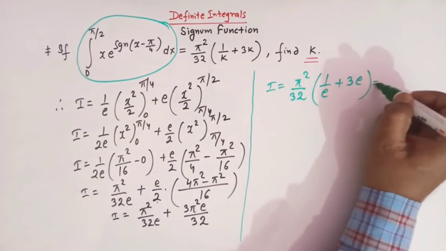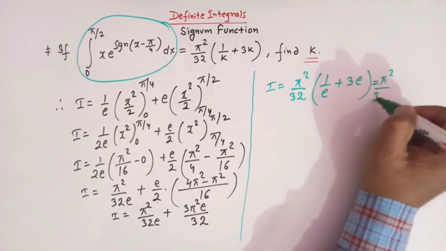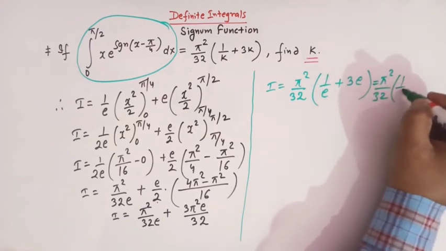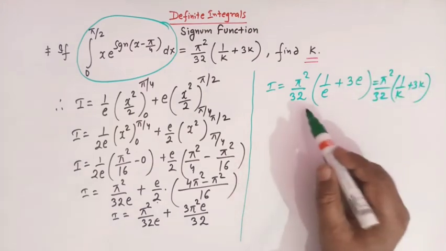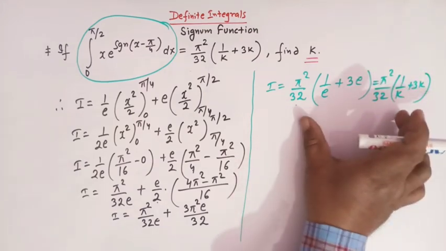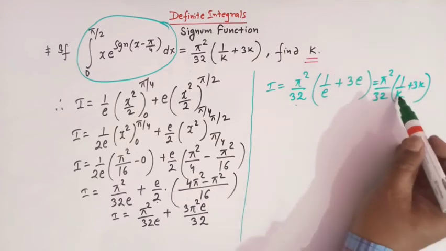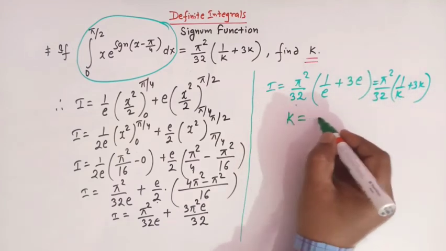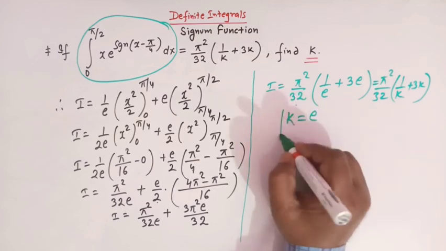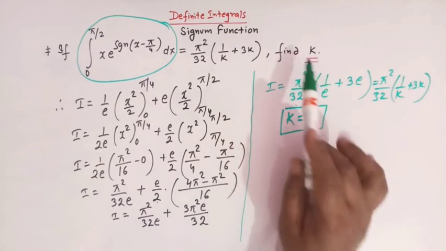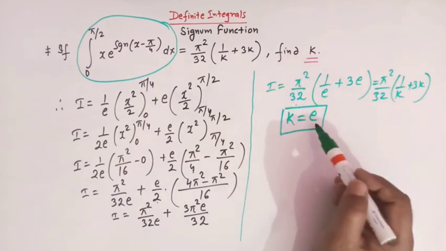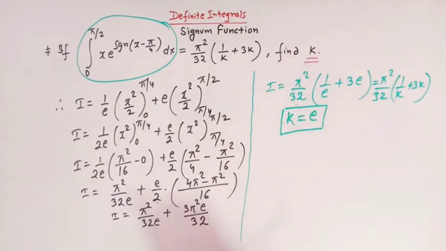So we are given π²/32 times (1/k + 3k), right? And now if we compare both these sides, then we see that k is equal to e, where e is the exponential number. So this is how we find the value of k, which is equal to e, and this is how we solve this problem.